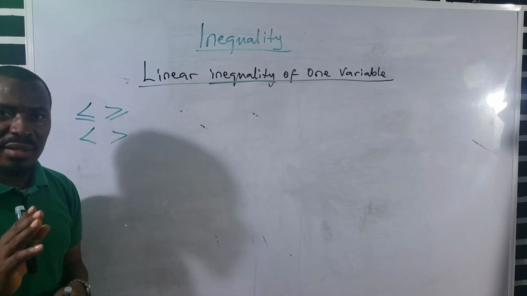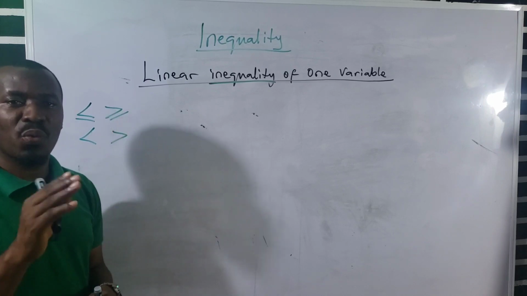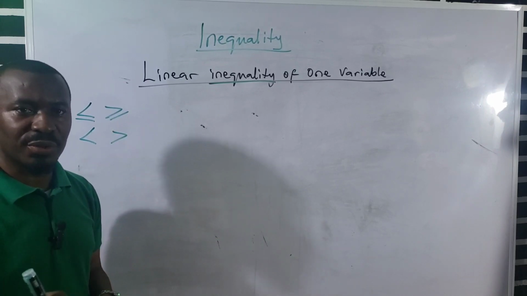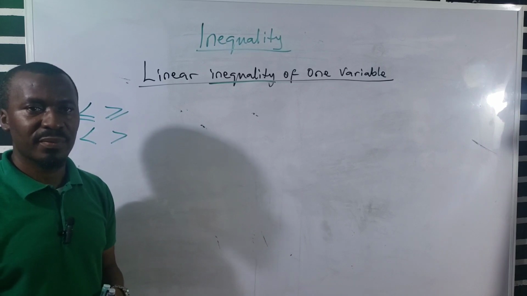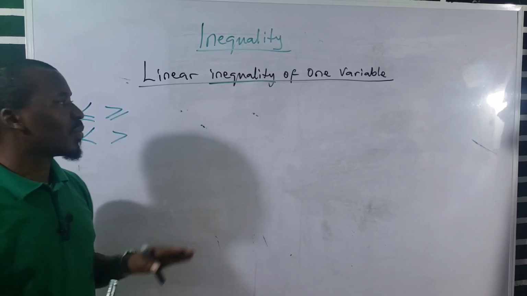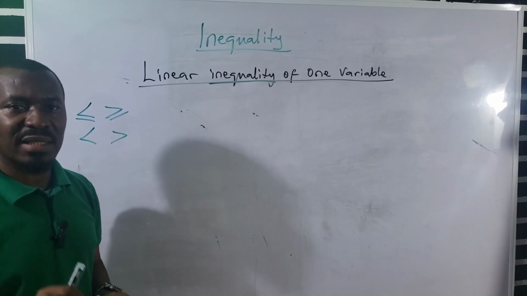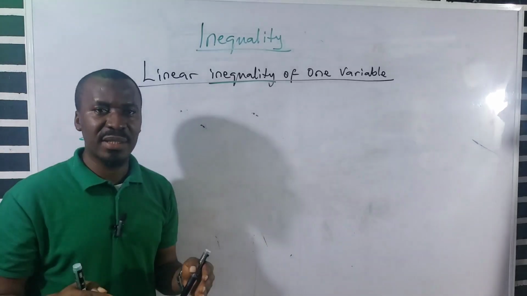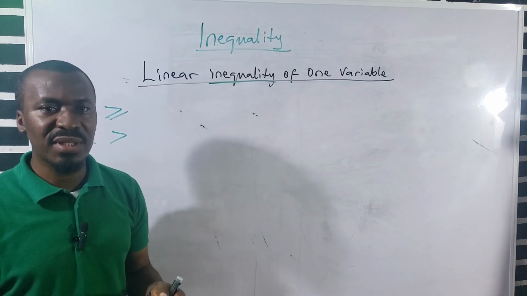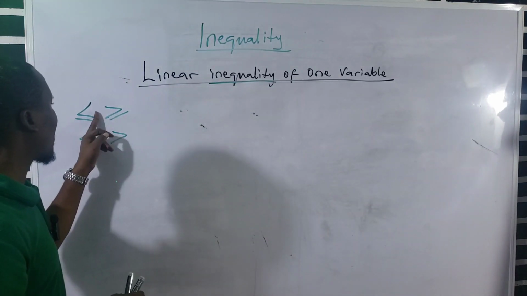The same way we solve a linear equation of one variable. There is no different way of solving the two. The only difference is that whenever we divide by a negative number, the inequality sign will change.